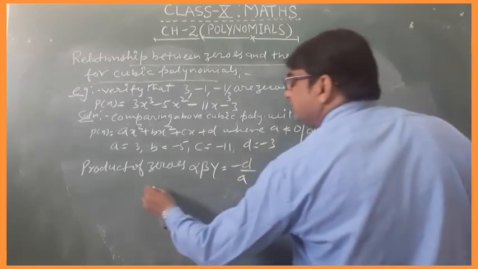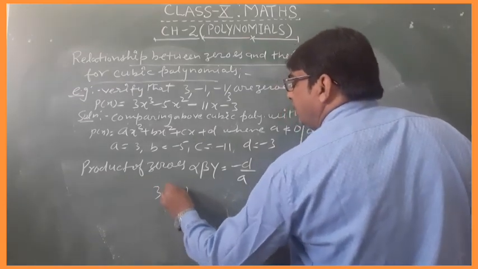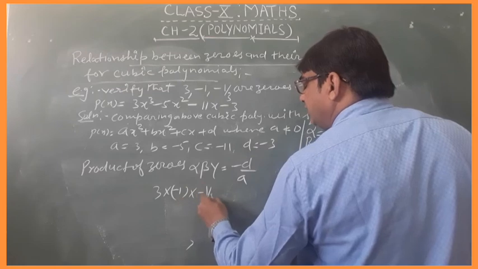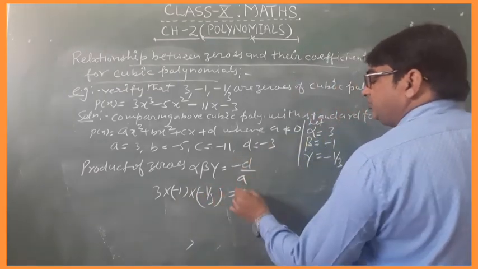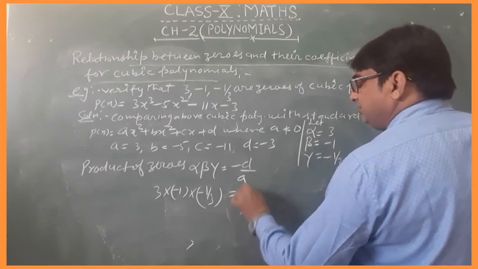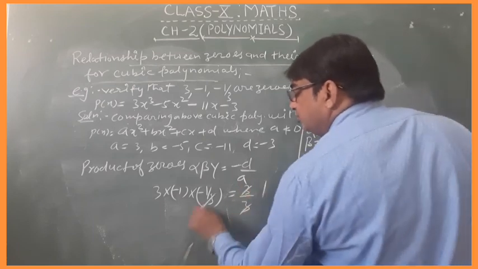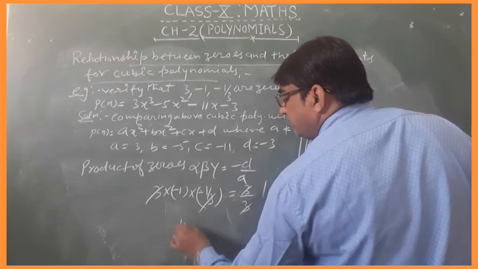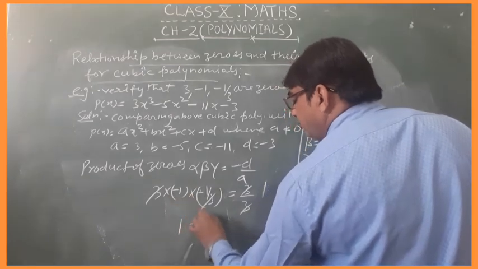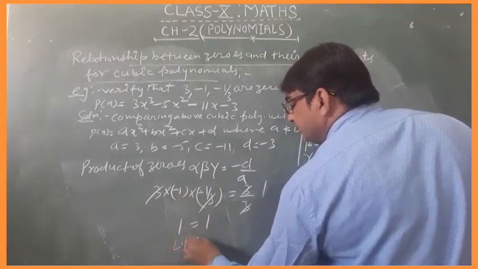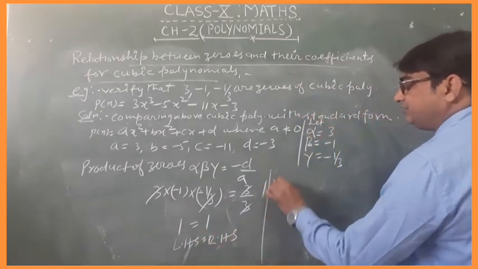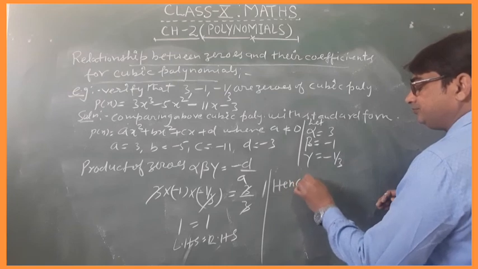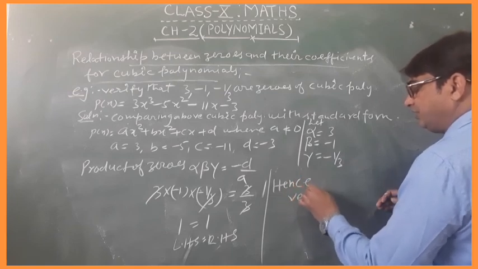Alpha is 3 into minus 1 into minus 1 by 3 is equal to minus of d, minus minus is plus, 3 upon 3. This is 1. Both 3 are cancelled. Minus minus is plus 1, so 1 is equal to 1. LHS is equal to RHS. Hence verified.